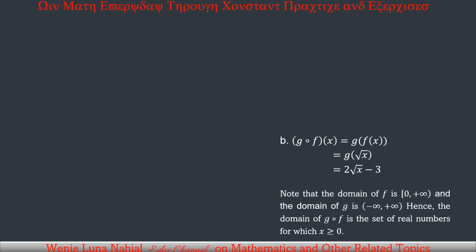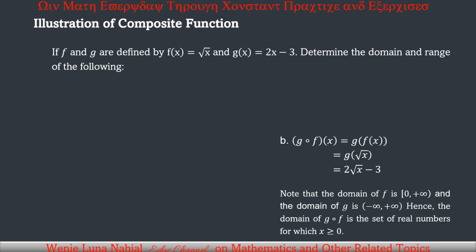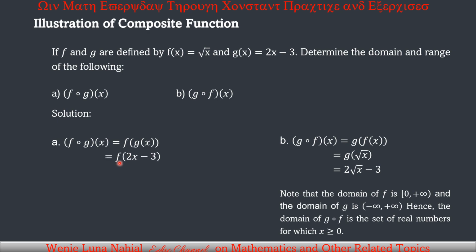So we have to take note of this definition when we compose functions. Let's have an illustration. Here we have: if f and g are defined by f of x equals the square root of x and g of x equals 2x minus 3, determine the domain and range of the following. So we have f circle g of x and the other one g circle f of x. Solution. For the first one, f circle g of x, we have f of g of x.